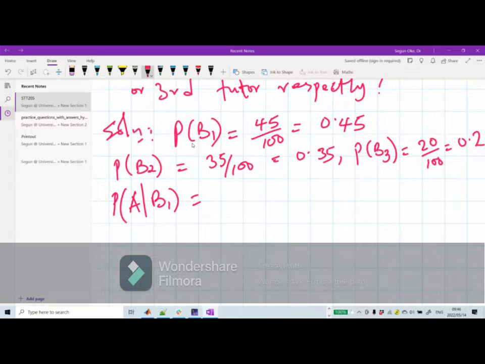Go ahead. 0.03. Yes, sir. Go ahead. The second is 0.05. And the third, 0.04 errors.